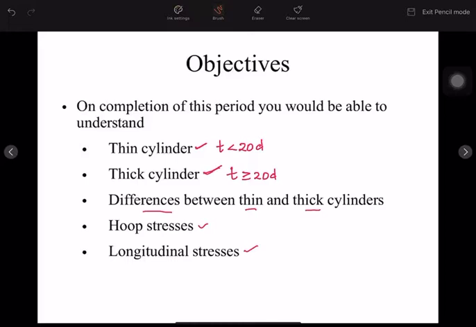So what is the basic difference? The basic difference is the thickness itself, and in the analysis part, thin cylinders have an easy kind of analysis, while thick cylinders have complex equations and complex things to be analyzed.